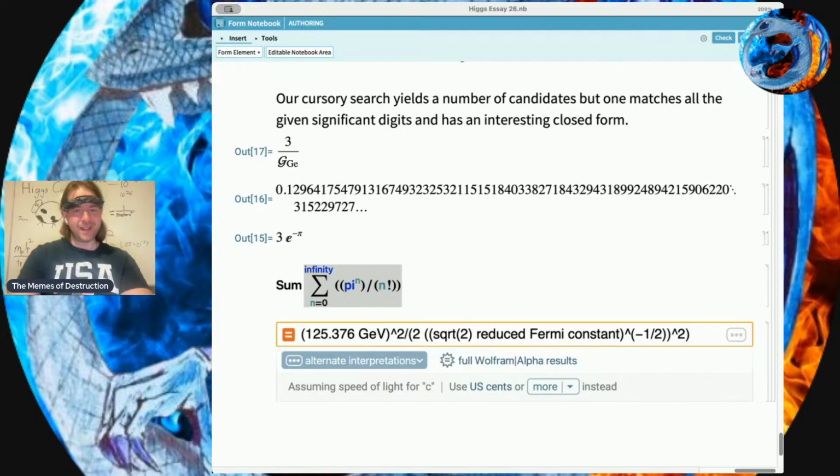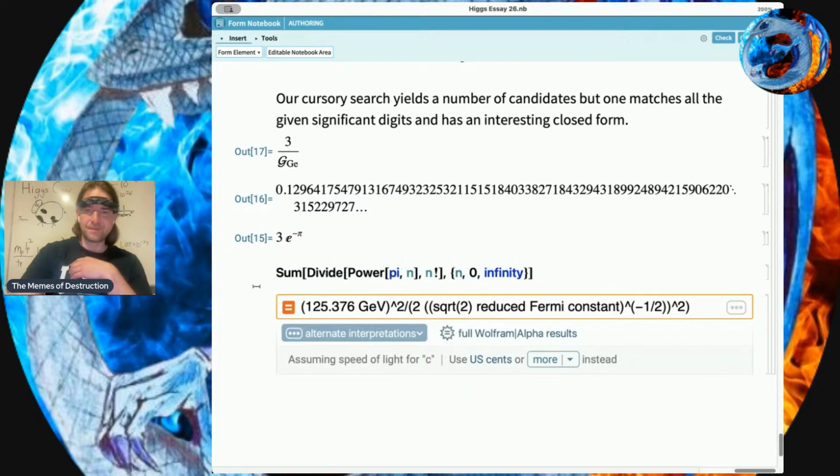Infinity, n equals 0, to the n, raised to the n, and it converges to Gelfond's constant. All right. Let's do that.